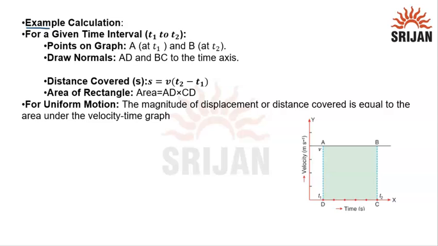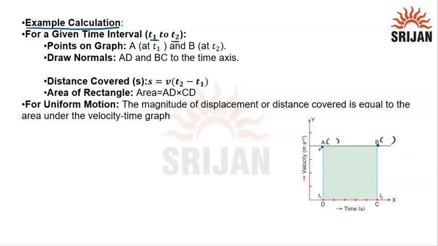Now we take an example to make it clearer, for the given time interval T1 to T2. We take point A on the graph at T1 and point B on the graph at T2, with some coordinates of A and B at the different times T1 and T2.